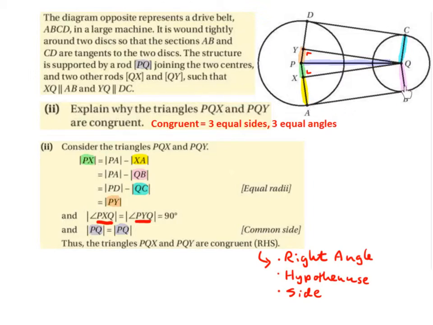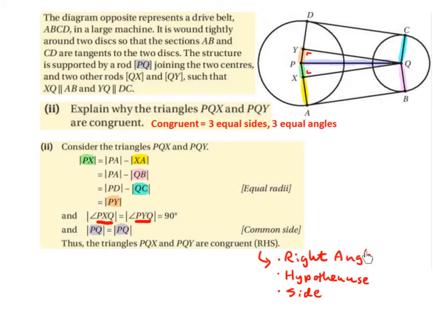And since AB is parallel to XQ, this angle must also be 90 degrees. And likewise for this angle here. And we know that the length PQ is equal to PQ because they are a common side. So thus the triangles PQX and PQY are congruent because of RHS.